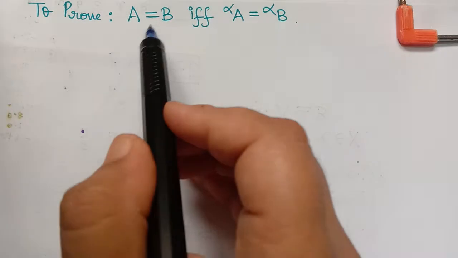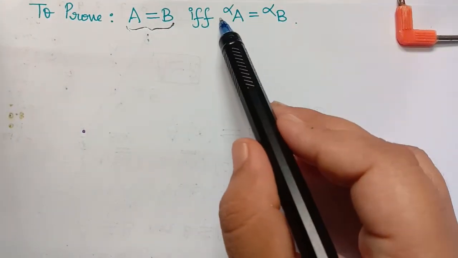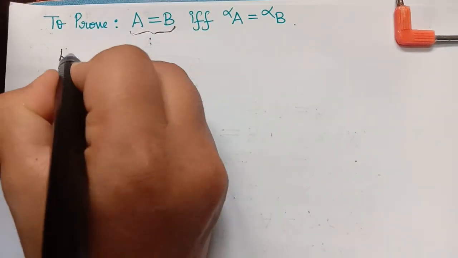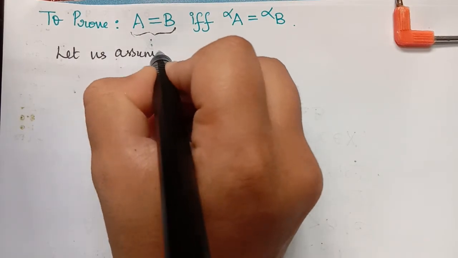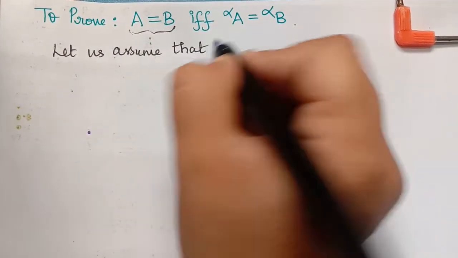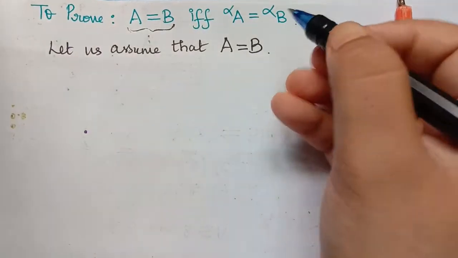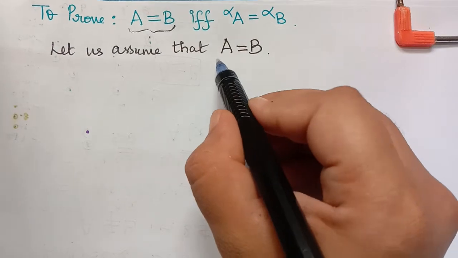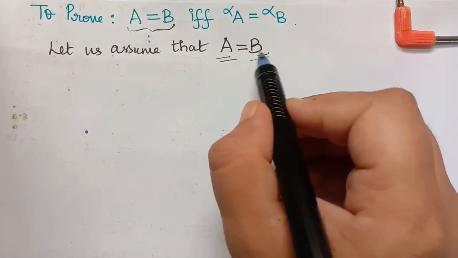So students, first let us assume that A is equal to B and we shall prove that alpha cut of A is equal to alpha cut of B. Let us first assume that the fuzzy set A is equal to the fuzzy set B. By the definition of equal fuzzy sets, two fuzzy sets are equal if their membership grades are equal.